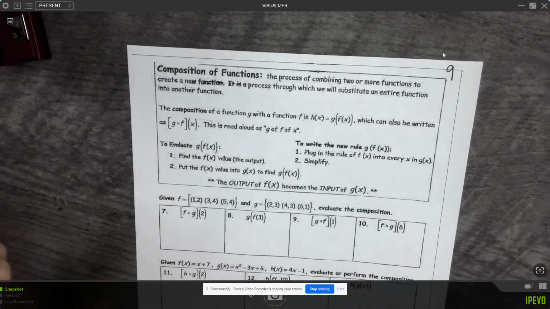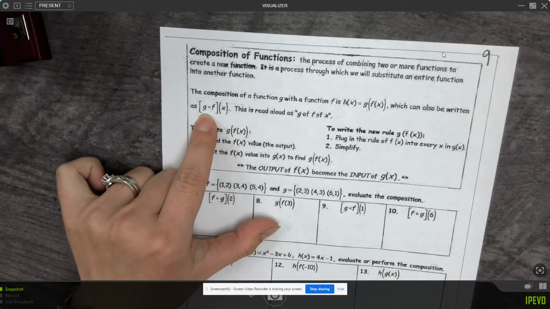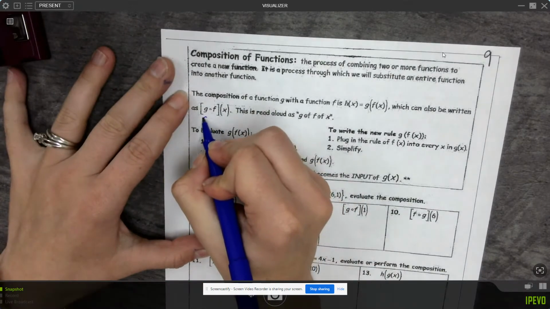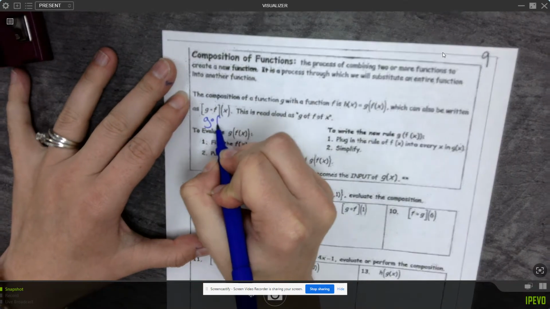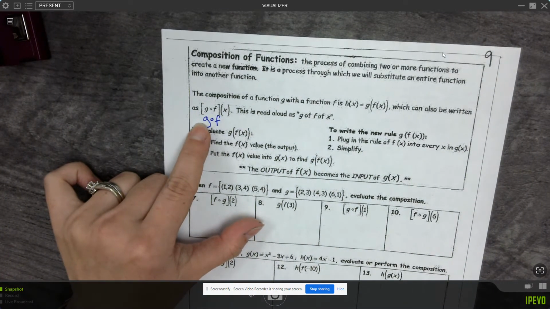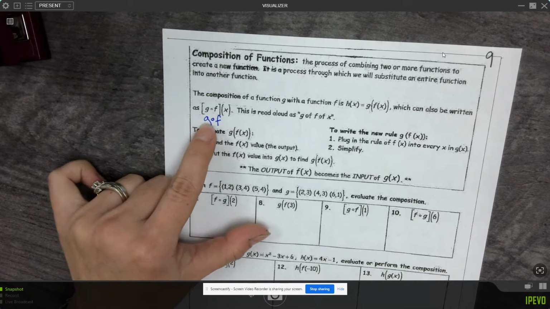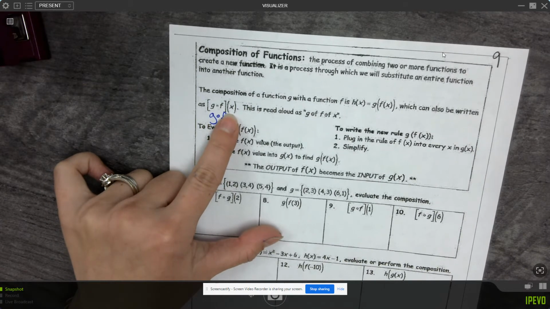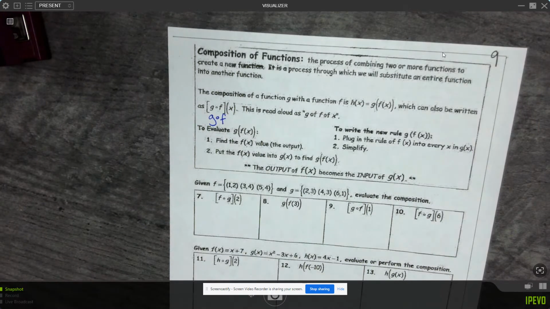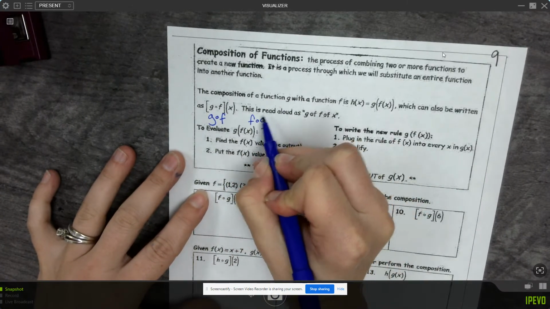And it has a notation of, and I know this is a little bit smudgy here, this is an open circle, g, a little open circle f. This says you're going to use g and input f. This is g of f of x, which is different than f of g of x.